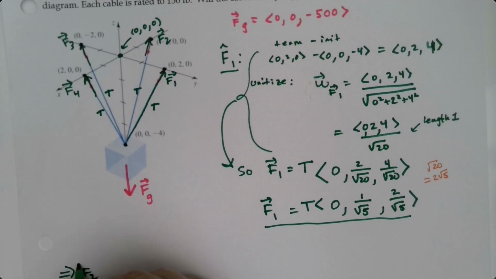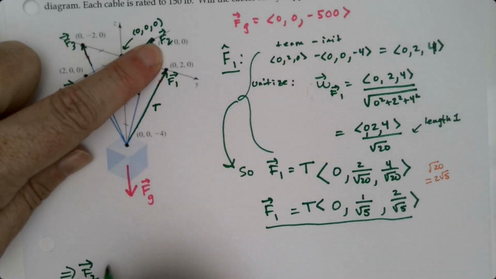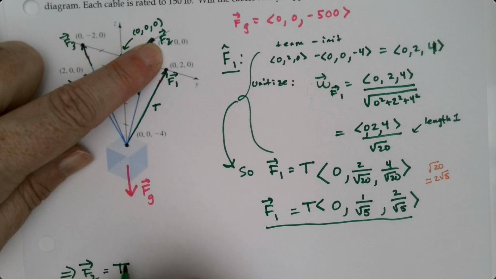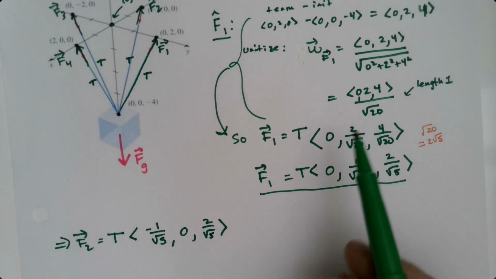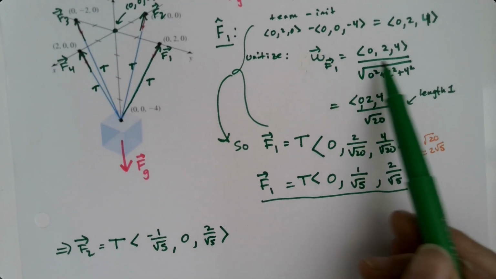force 2 would be negative 2. It'd be t times, it'd be negative 1 over the square root of 5, 0, 2 over the square root of 5. Right? Because the 2 is the one that's changing position. The rest of them are all the same.